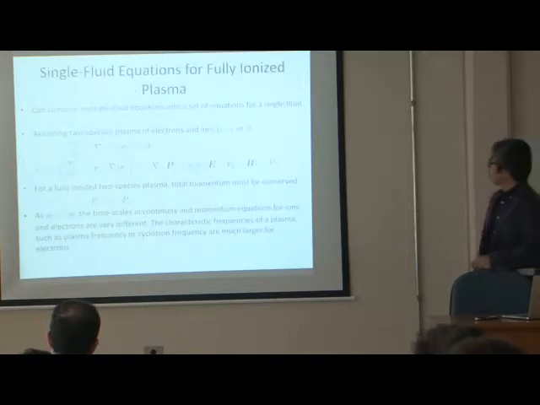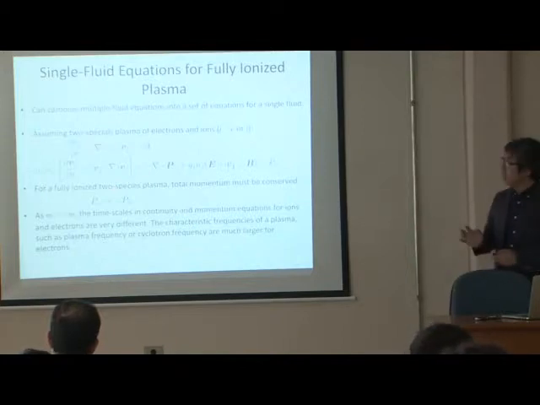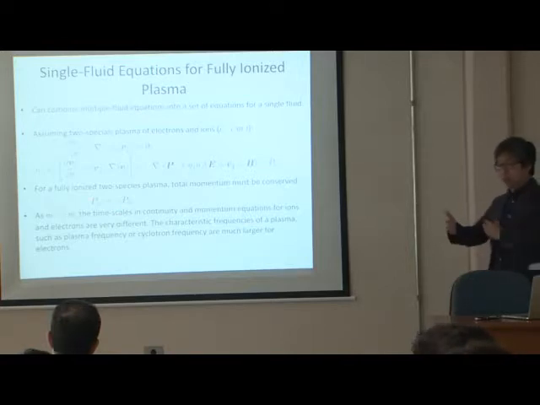For the fully ionized two-species plasma, the total momentum must be conserved. It means the momentum exchange term P_ei equals minus P_ie, the exchange of momentum from electron to ion and from ion to electron.